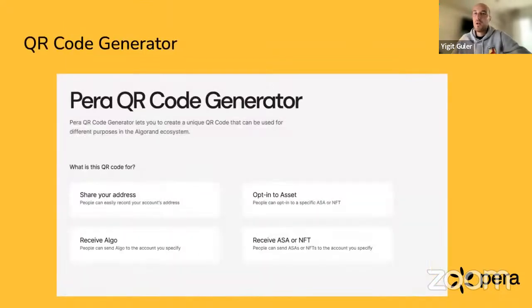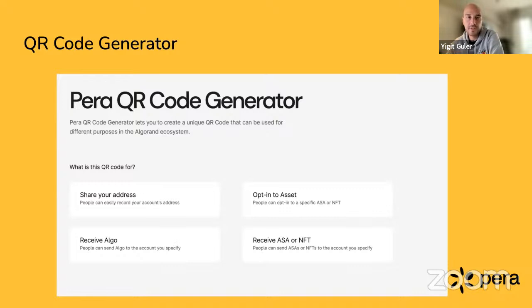And Algorand has a QR code system as well. It is being recognized not only by Pera, but also by other popular wallets. So we created a QR code generator where you can test the available and well-supported QR codes across the ecosystem.